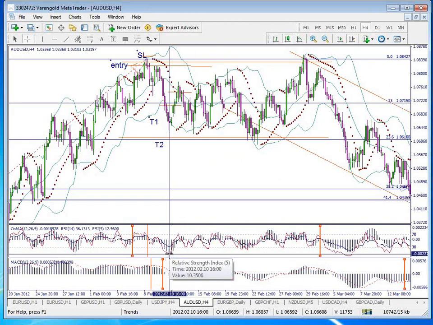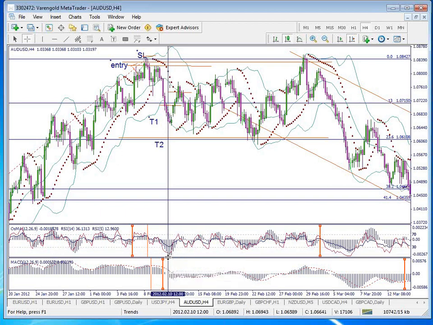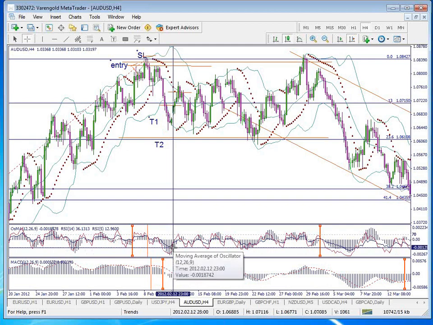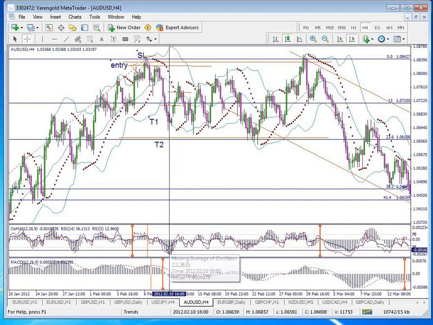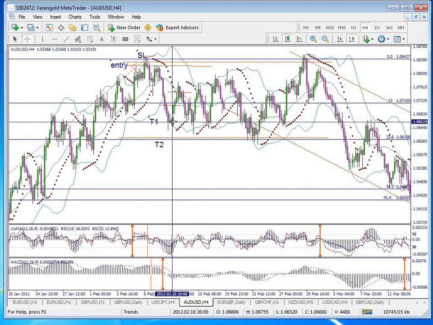When you see that the bars from the histogram are becoming smaller and smaller, and when you see that RSI 5 is going back to meet RSI 14, it's better to go out from the trade, latest when you have the signal for the opposite trade here in this point. When we have the cross of RSI 14 and RSI 5, and we have signal for buy.